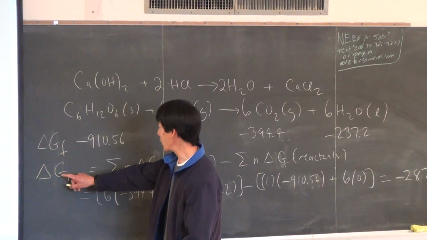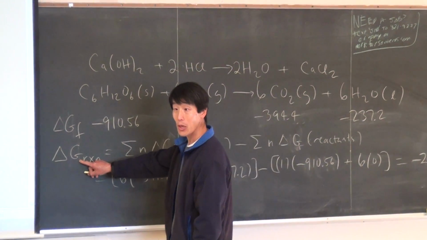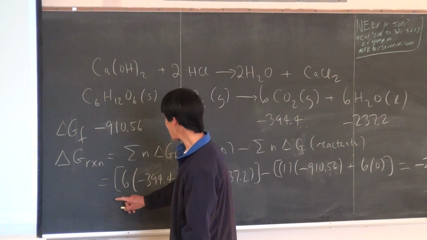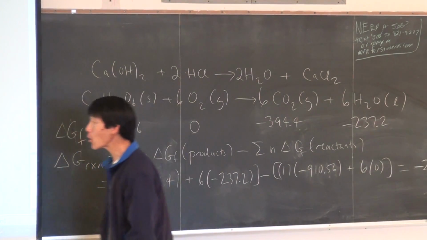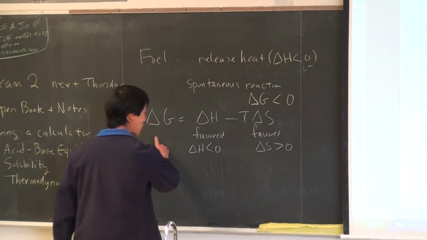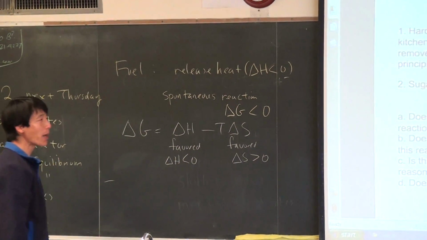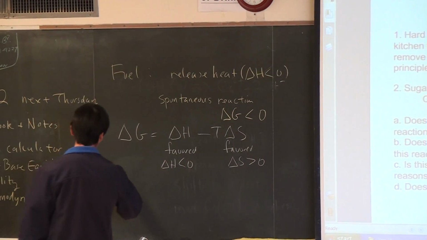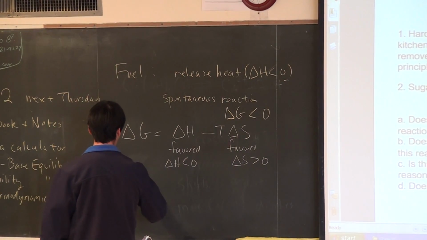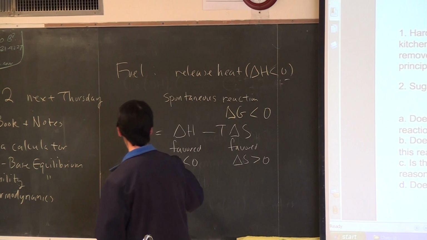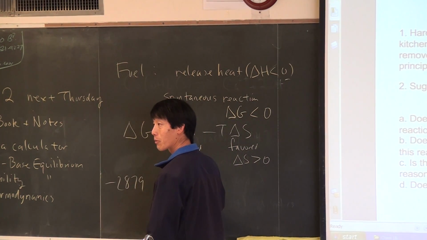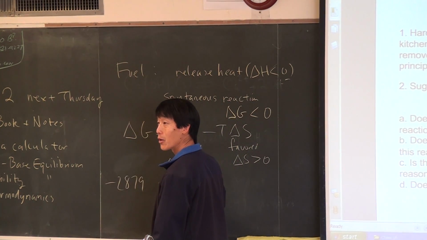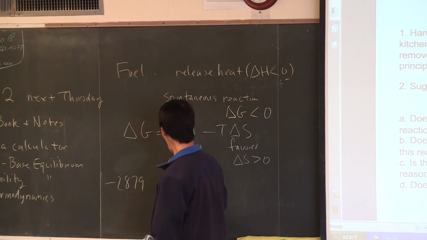So instead of using G, use S. And then calculating delta S of reaction. The other way is to note that you calculated delta G of reaction. That was equal to minus, what was it? Minus 2,879. And that's equal to delta H, which you calculated a minute earlier, minus 2,000.